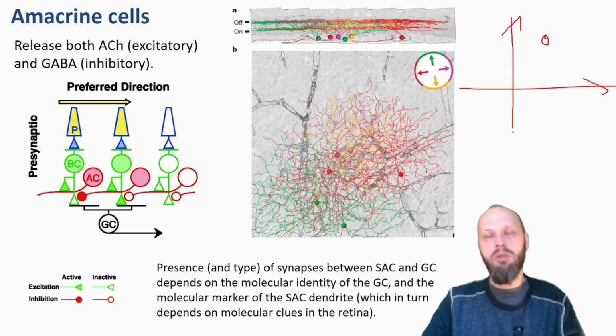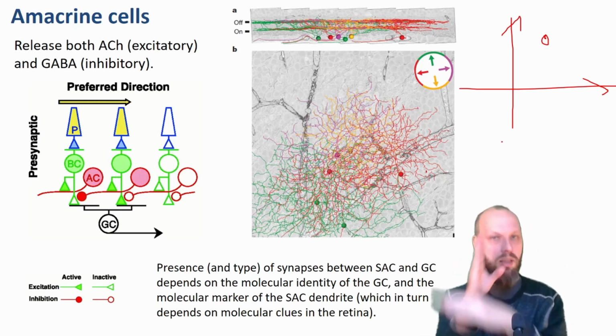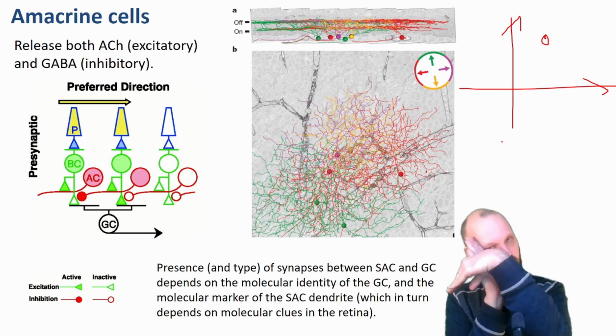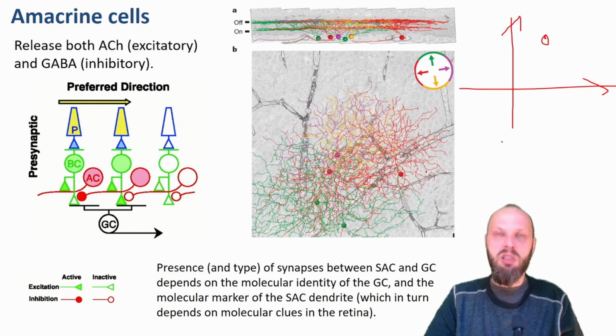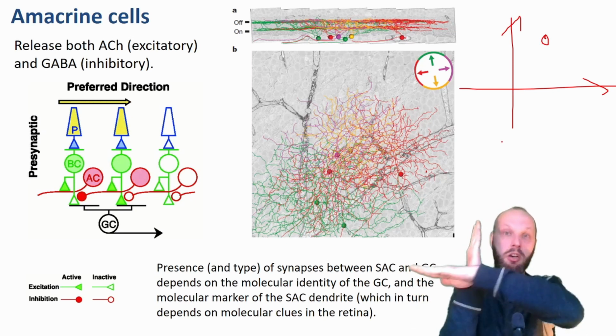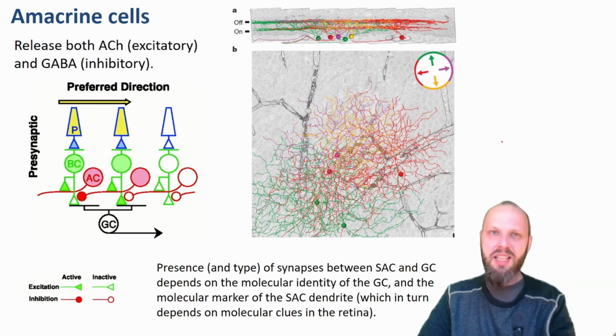Well, it turns out that in the retina you have pretty much XY coordinates. They may be not exactly like that, they may be a little bit inclined one direction or another, depending on what species you are, but still it's 2 axes that are orthogonal, perpendicular to each other. And that's a little bit weird.